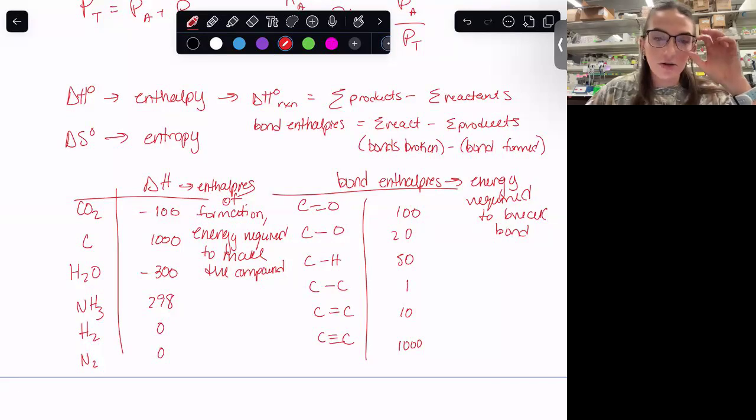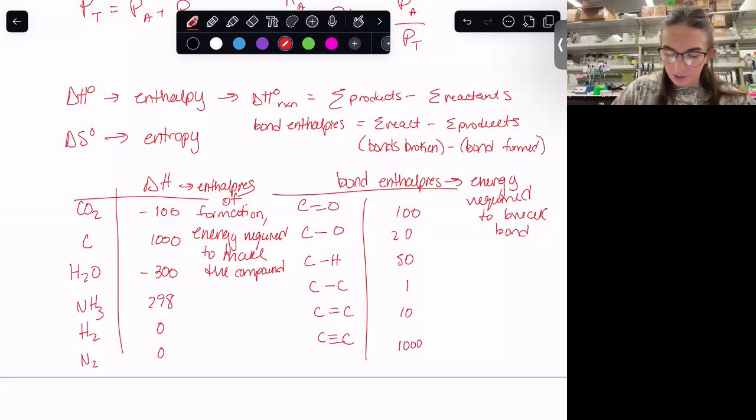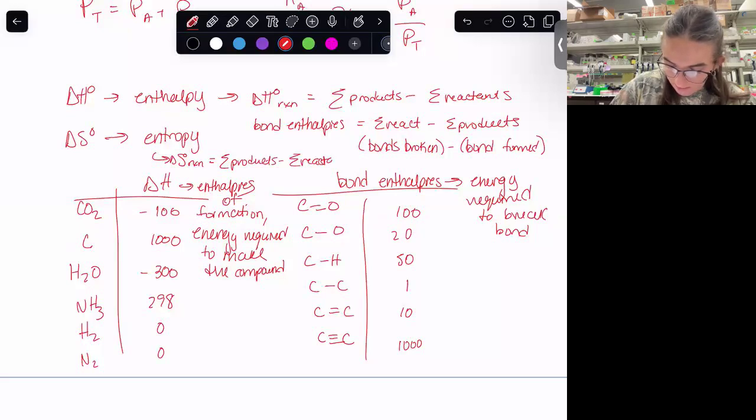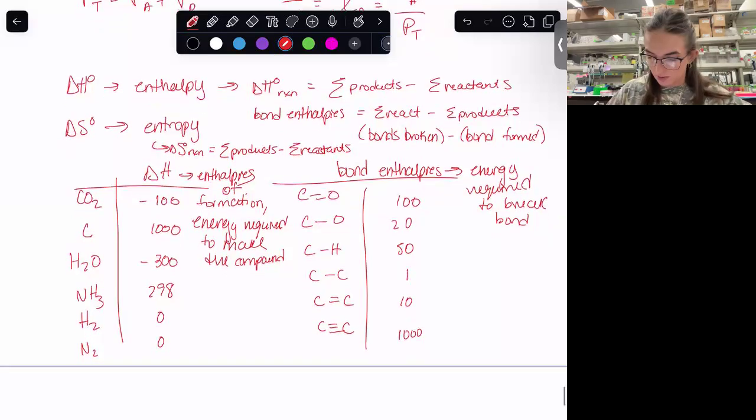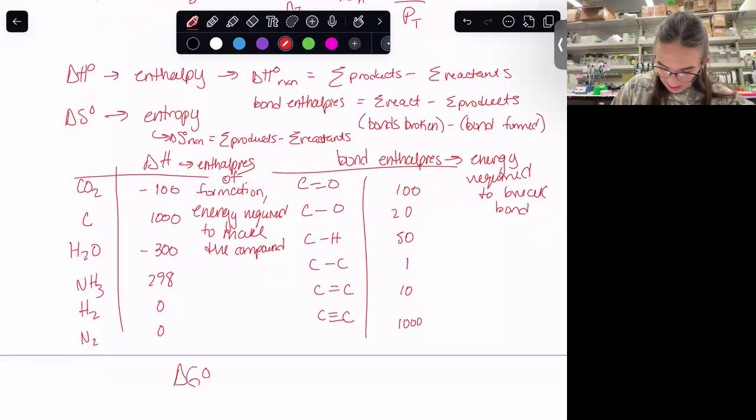That's delta H. Delta S is entropy, and that's the same thing as products minus reactants. All of that ties into delta G naught equals delta H minus T delta S.